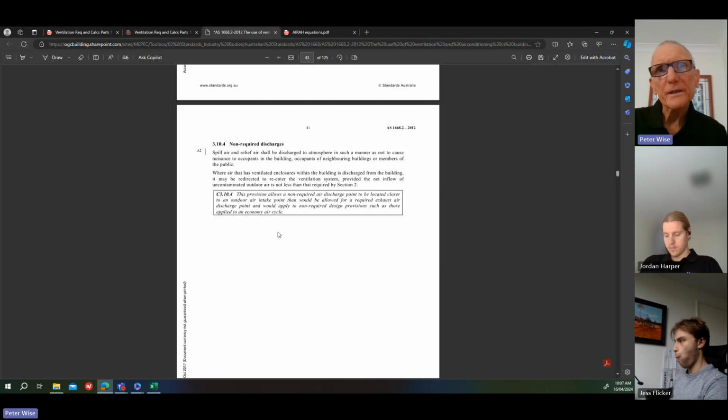And because the air that's being exhausted generally is just room air, it's not contaminated, these rules of distances between intakes and exhausts are not relevant. And if you have an economy cycle where you're bringing in full outside air because it's cool enough to cater for the air conditioning load without using refrigeration, that's an energy saving feature.